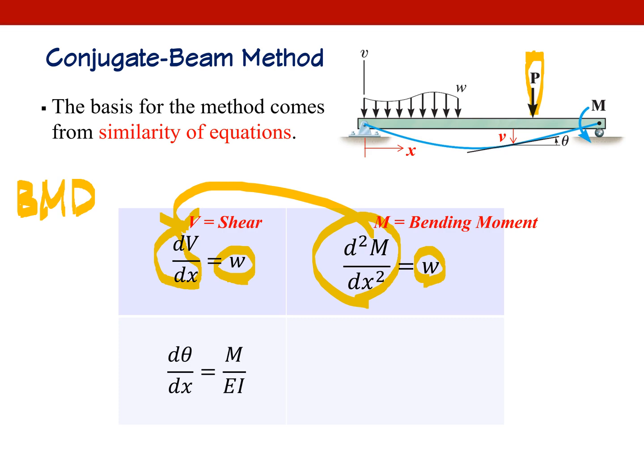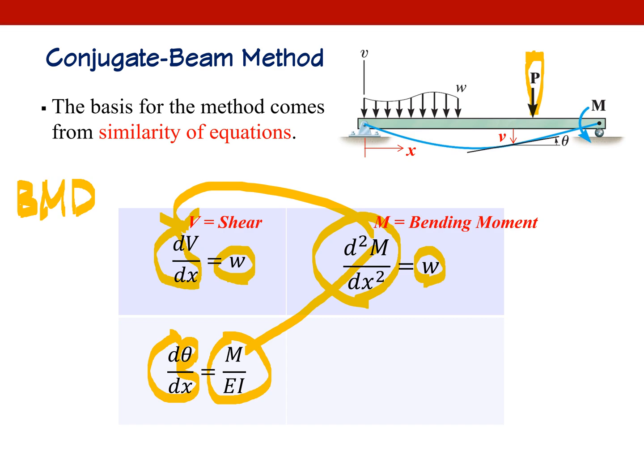Okay, here, deflection angle theta, and if you take the first derivative of deflection angle theta, then you are going to get M over EI. M is bending moment, as you saw here.